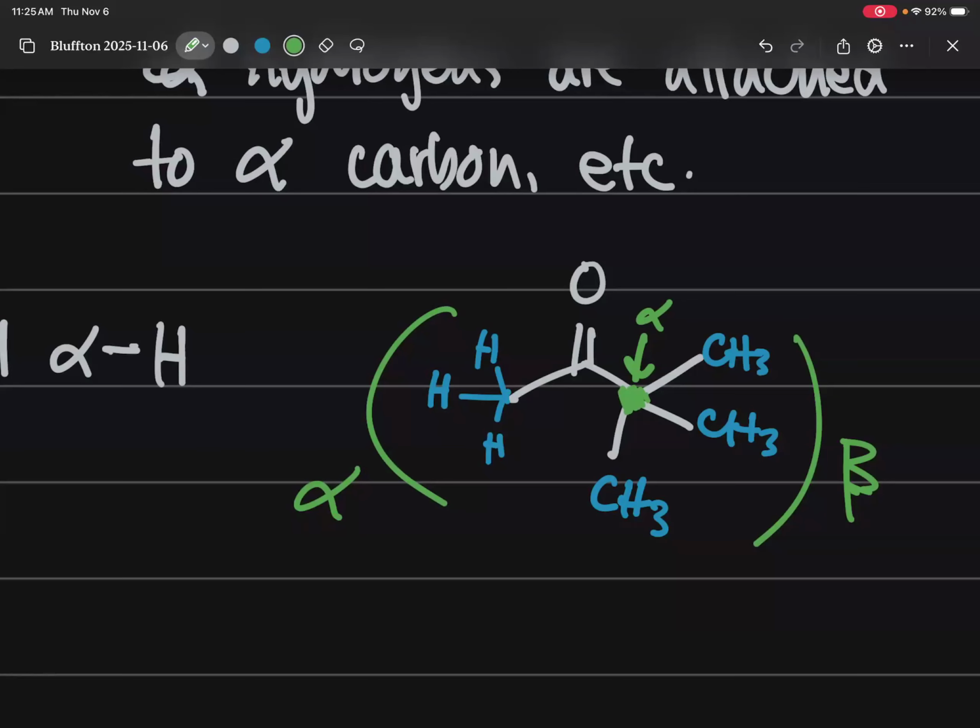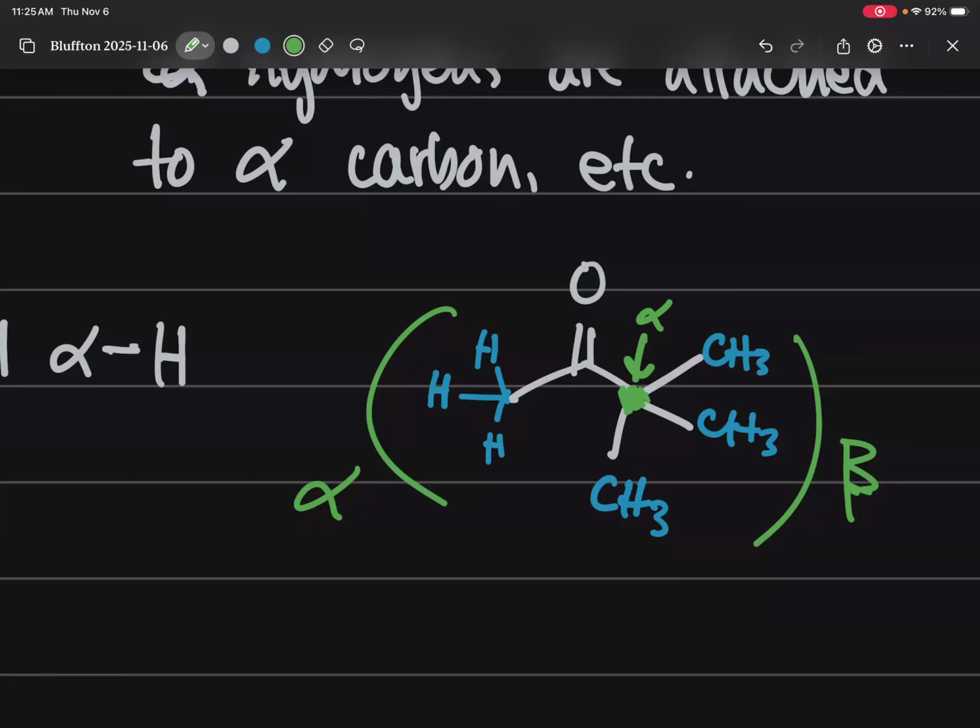That's an alpha carbon because it's adjacent to the carbonyl carbon, and the hydrogens attached to it are alpha hydrogens. This is also an alpha carbon. It doesn't have any hydrogens on it, so on that side of the molecule, there are no alpha hydrogens. But there are three beta carbons, 1, 2, 3, and the hydrogens attached to those are beta hydrogens.